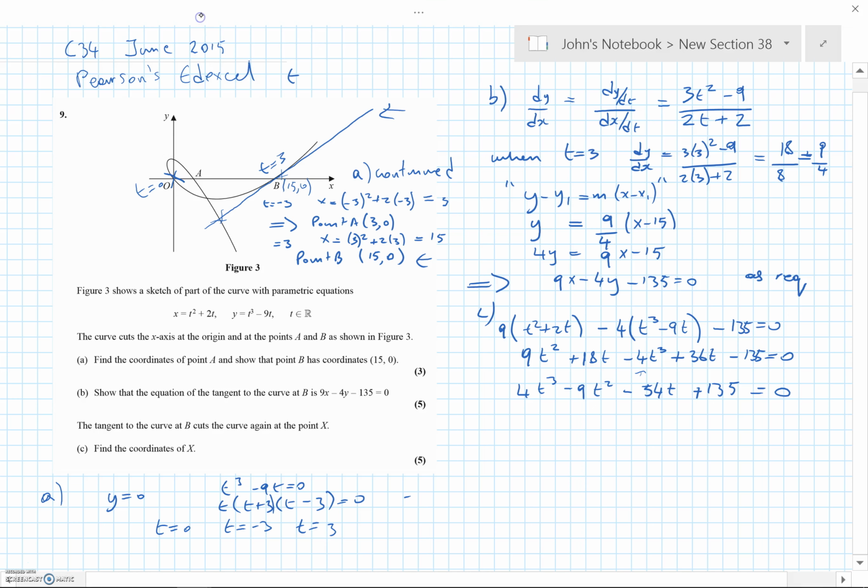Let's write it in red, repeated root. And that repeated root will be t minus 3 squared, not cubed, t minus 3 squared.